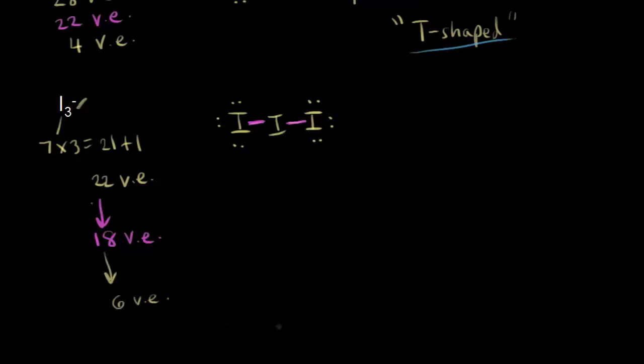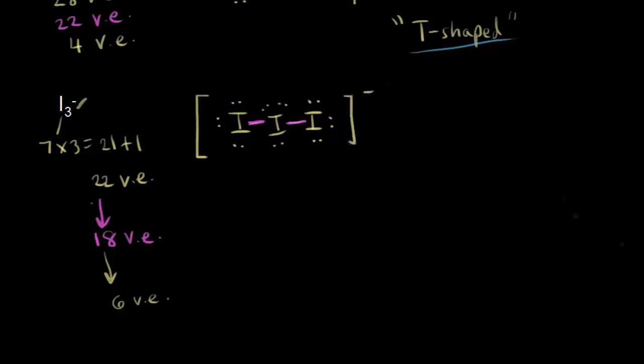Those leftover electrons are, of course, going to be assigned to our central atom. With 6 valence electrons, you would expect 3 lone pairs of electrons. So let's put those last 6 valence electrons around our central iodine in the form of 3 lone pairs. And since this is an ion, we should put this in brackets and put a -1 charge outside like that.